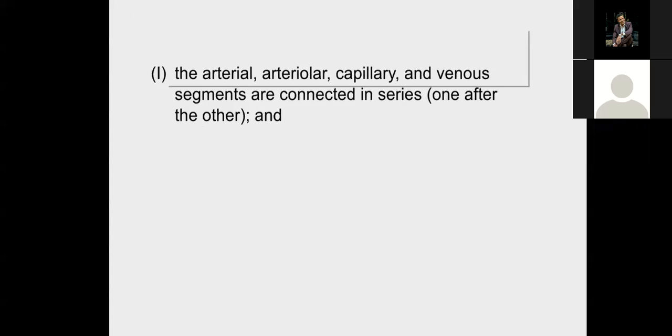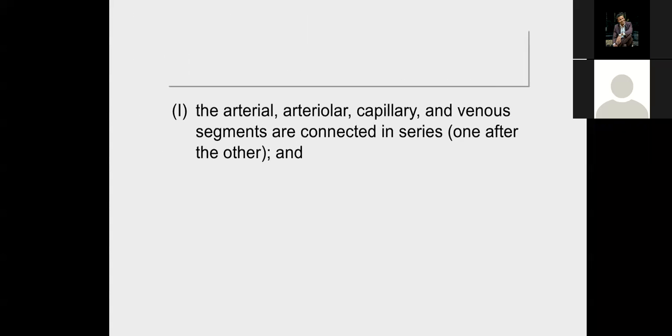So we have arterial element, arteriolar element, capillary, venous segments, and all these factors are connected in a series. So they are connected together in a regular way. So arteries, arterioles, and capillaries, and also veins are connected in series.